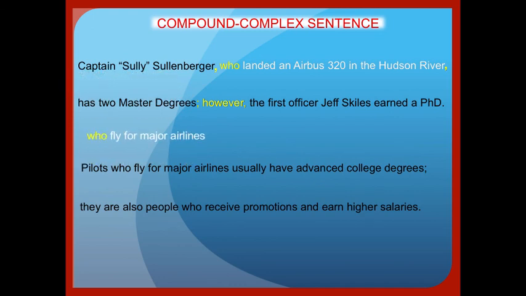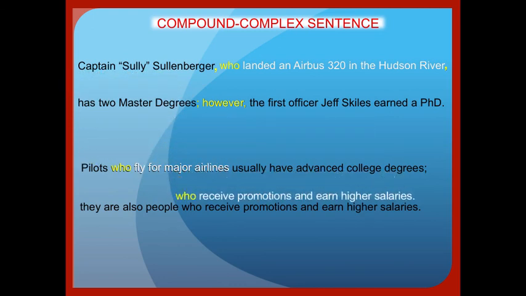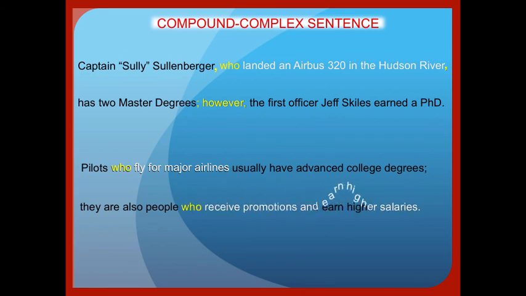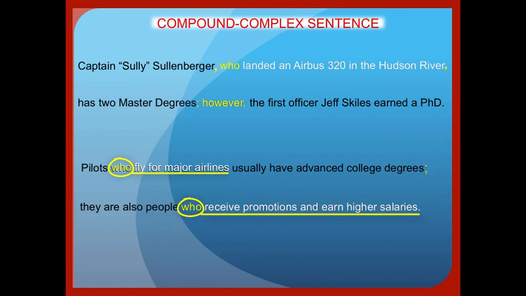In the second sentence, there are two essential dependent clauses that begin with the relative pronoun who. Both dependent clauses add important information to ambiguous nouns, such as pilots and people.